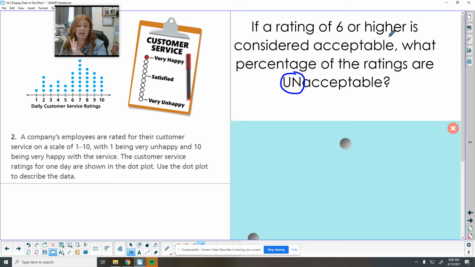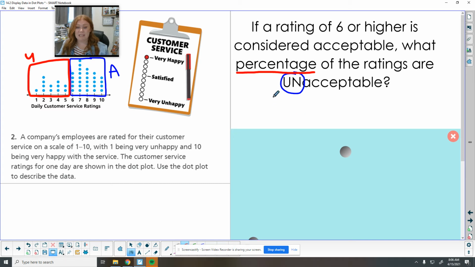So 6 or higher, so they can have 6 or more and be considered acceptable. So all of these are acceptable. So that means all of these ones over here are unacceptable. And we want to know the percentage of them.